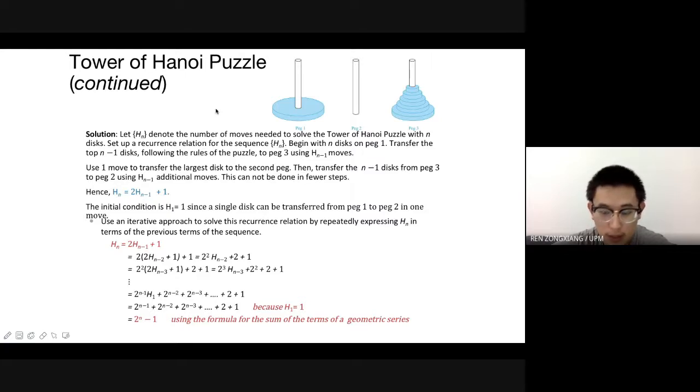Transfer the top n minus 1 discs following the rules of the puzzle to peg C, which is the third peg, using H_{n-1} moves. Hence, we got this formula. We will talk about it later.